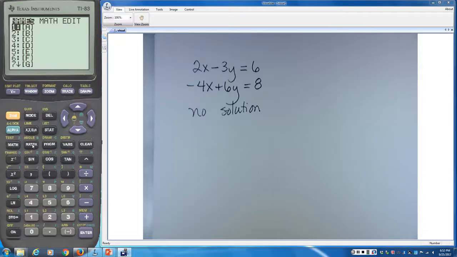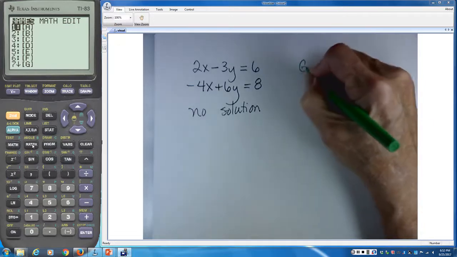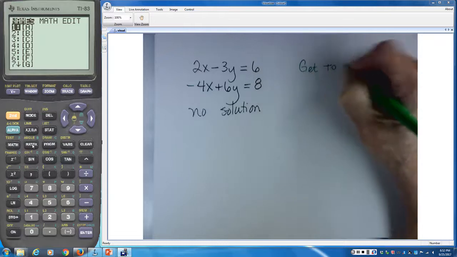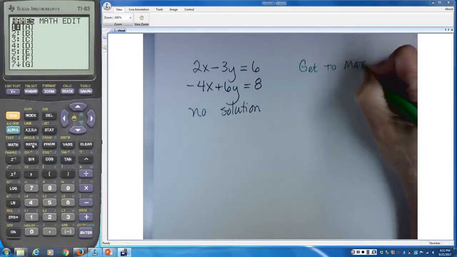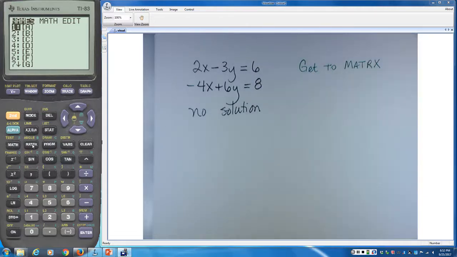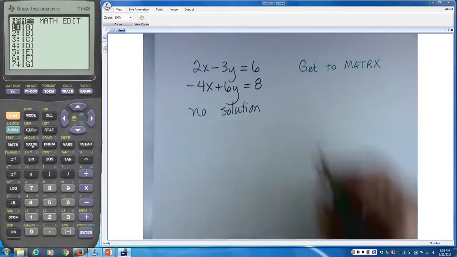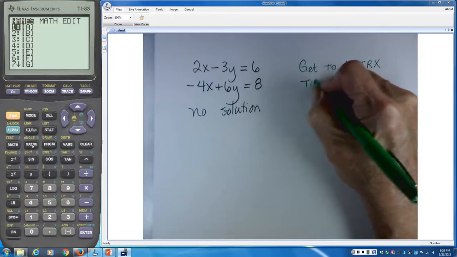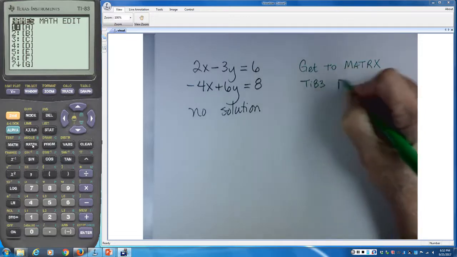I'm going to make a few notes for you as we go along. And it's kind of funny the way they spell it. They spell it M-A-T-R-X, because I think they ran out of room. On the TI-83, it's next to the math button.